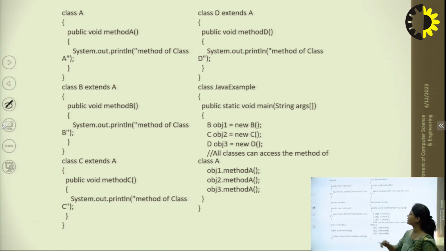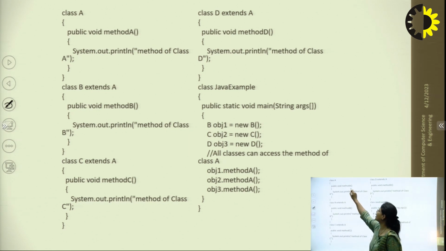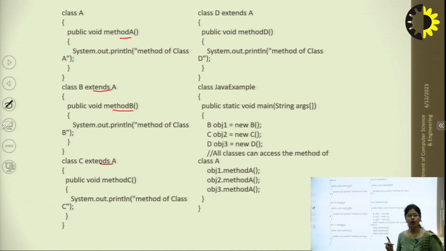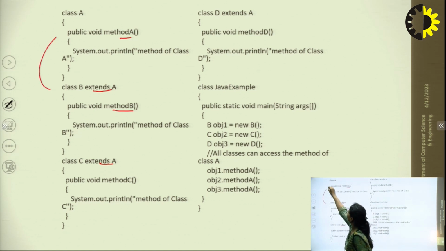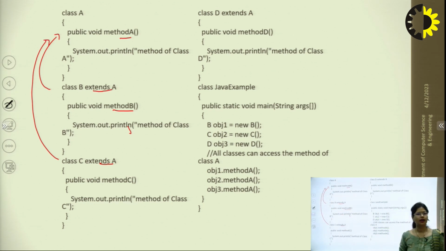There is a class A where I have defined and declared method A. Then class B extends A, and in class B I am again declaring and defining method B, and class C extends A. So B and C are extending the same class, which is known as hierarchical inheritance.